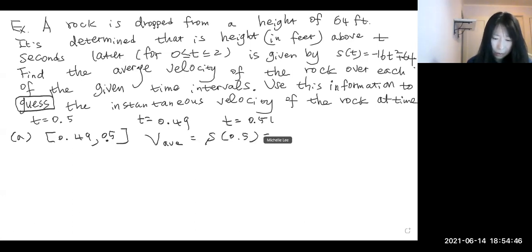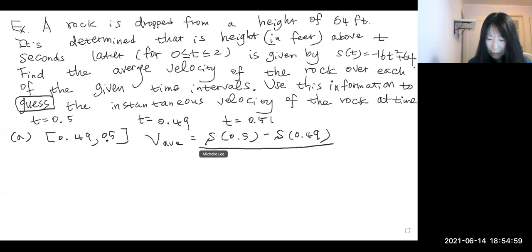I need your help. Can you please find S of 0.5 and S of 0.49? Basically we substitute there. So t, is it 0.5 or 0.51? 0.5 for the first one. So you do it twice, for 0.5? Okay, cool.